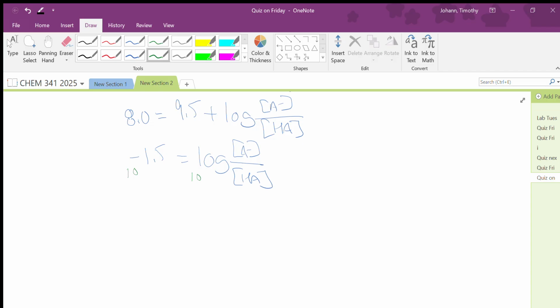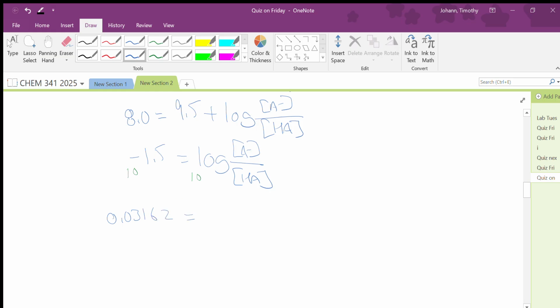So I'm going to do 1.5, make it negative, and then I'm going to press my anti-log button. You've got a log button, probably a shift log, something like that, second log. And what I get out is 0.0316.